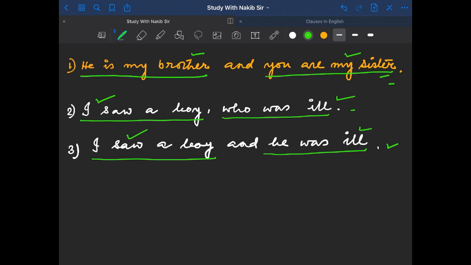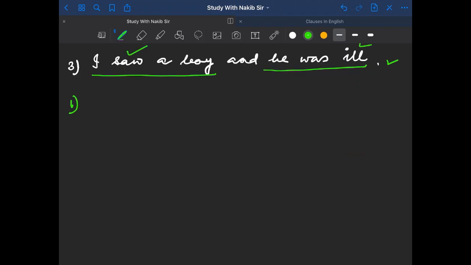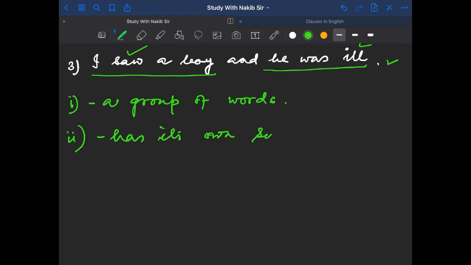Understand? So, what is a clause? A clause is a group of words. Number 2, it has its own subject and predicate.